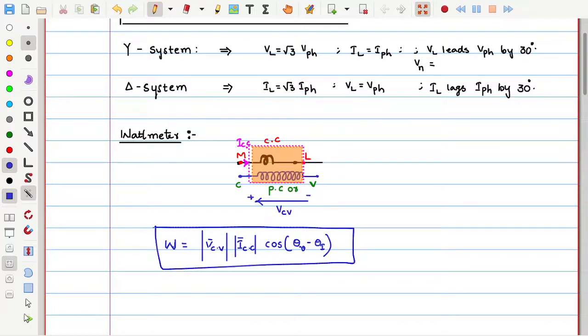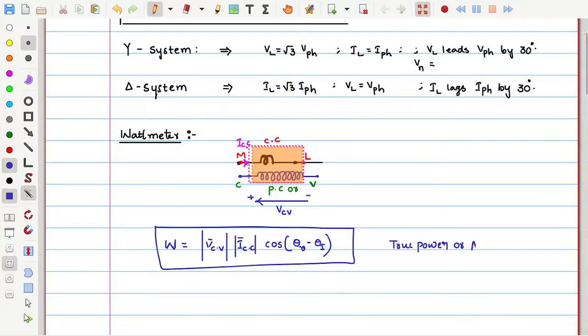That means if I know the corresponding current coil current and voltage coil voltage, I can write its wattmeter reading, how much it shows. The power is VI cos theta, which is the true power or active power, which we already discussed.